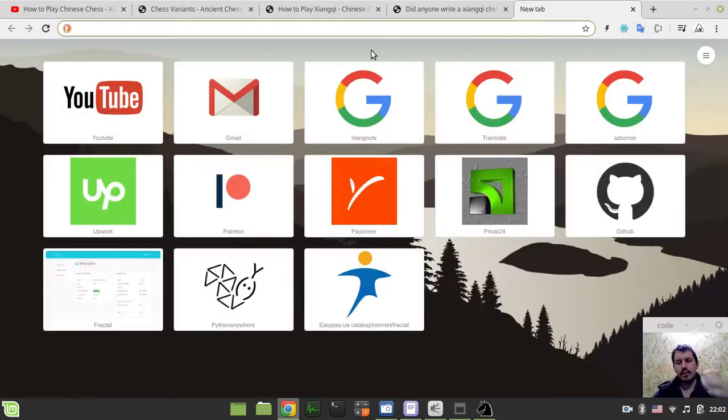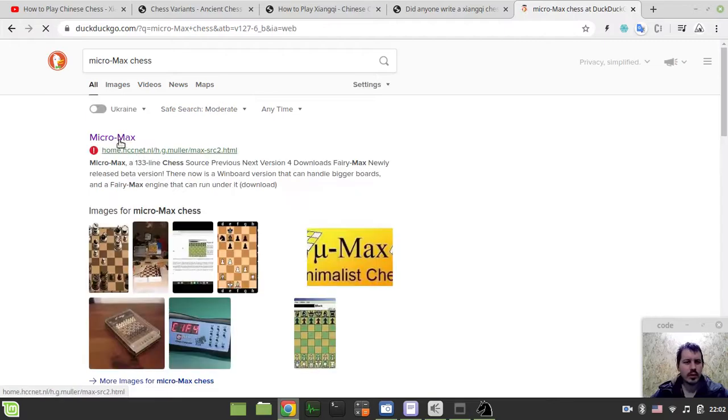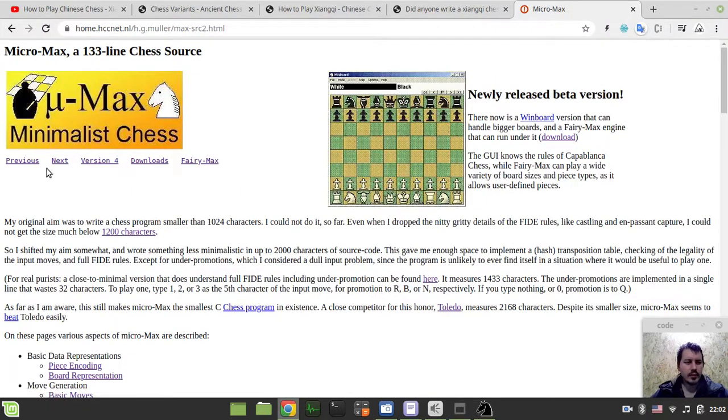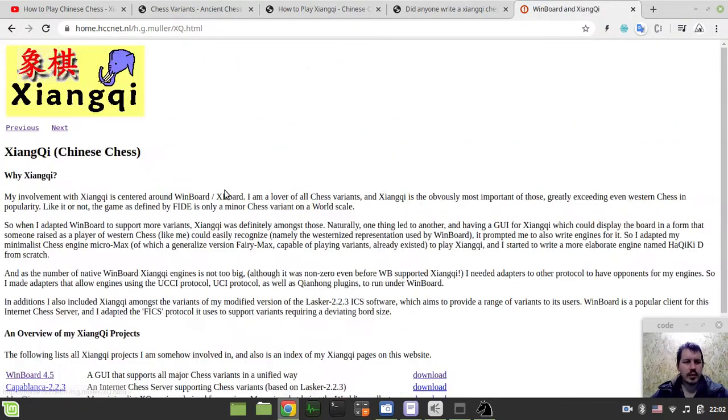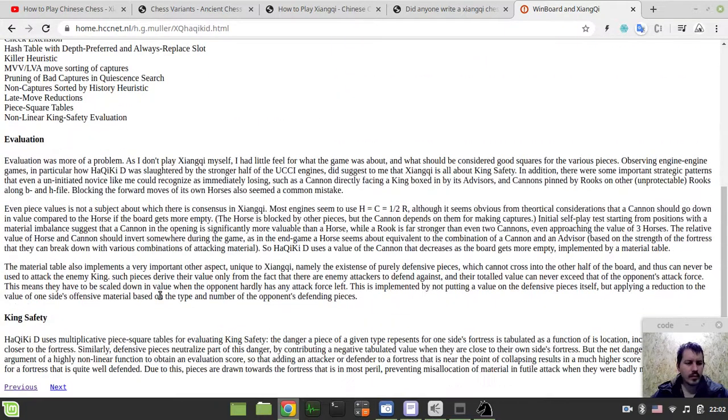If we have a look, let's start by searching for his Micromax chess engine, and then we'll navigate to Xiangqi here. I think here, this program. Yeah, and this is the quote.